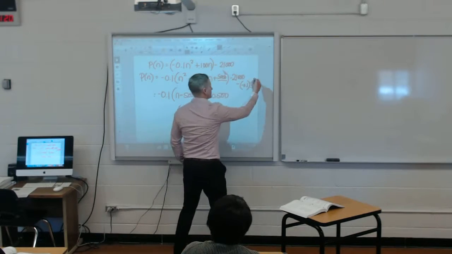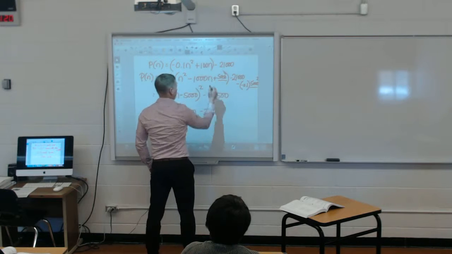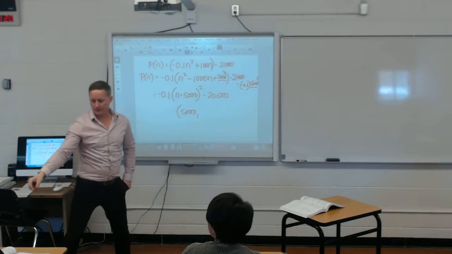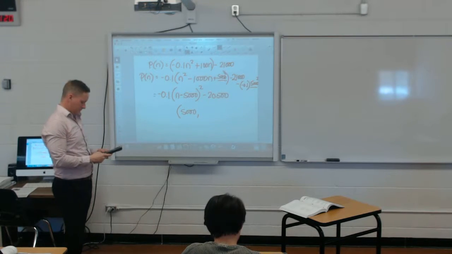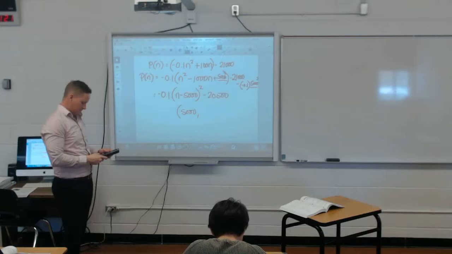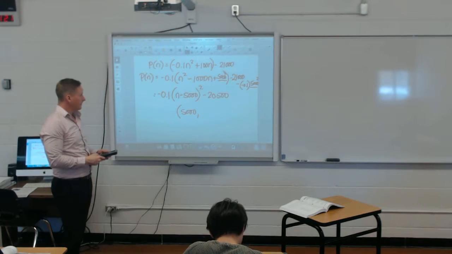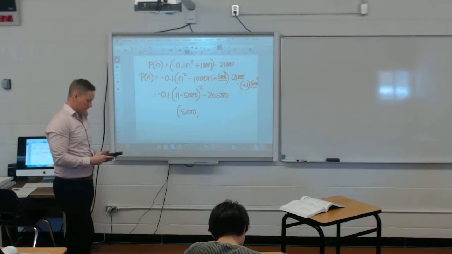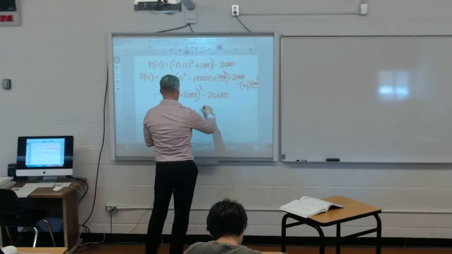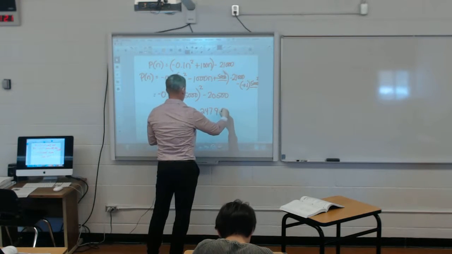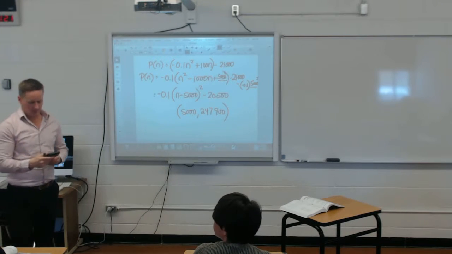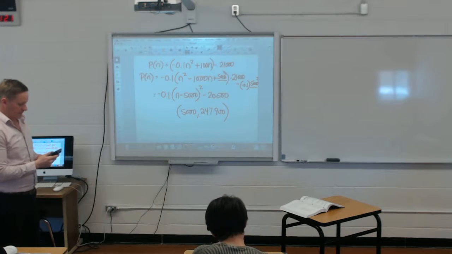Oh, this is 500 squared, that's why. Okay, so let's try that again. Okay, calculator. Okay, is that what you get as your vertex? No. 504,000. 5,000 squared.